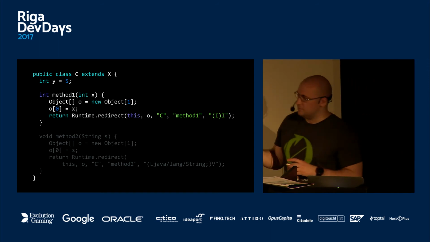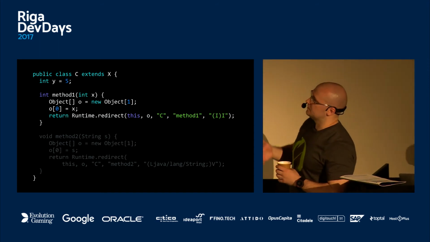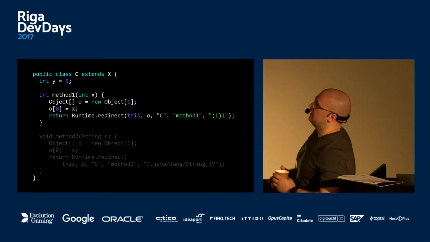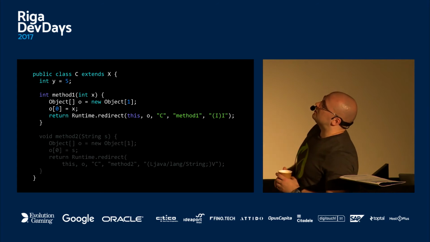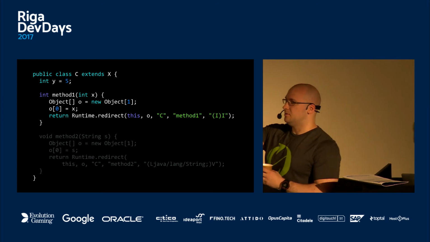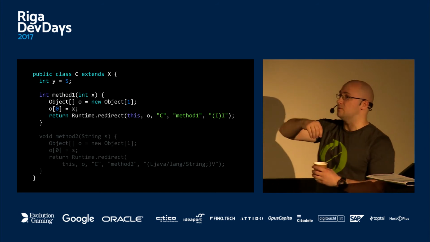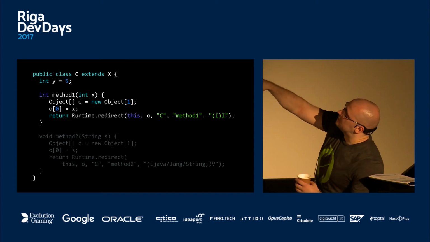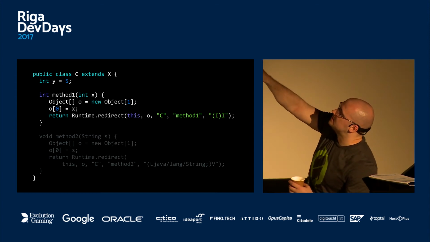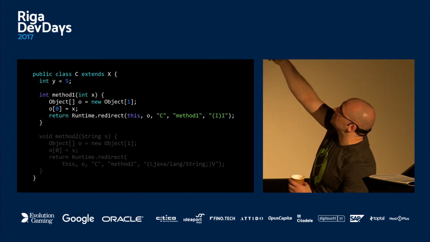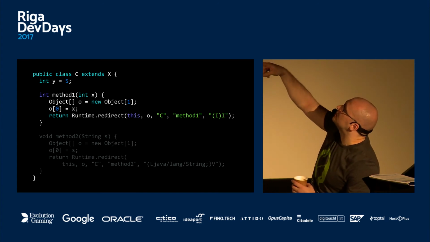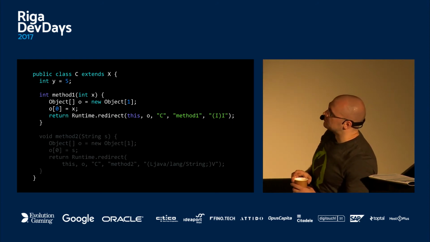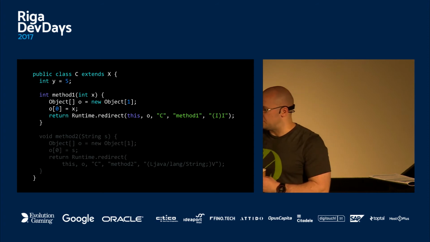Method 1 will use the runtime of JRebel, in pseudocode here, to redirect the call to the original method, which is now moved into the versioned class. It calls method 1 of class C with the signature that takes an integer parameter and returns an integer. So it's the same signature, but with a level of indirection.